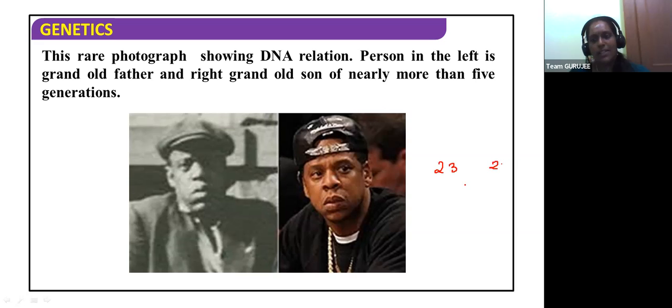So 23 plus 23 gives 46, which is the human chromosome number, right? If it is already 46 and this is 46, it would lead to a human with 92 chromosomes, which would be a different species. If there is a set of 46 chromosomes, then it is going to be a human.